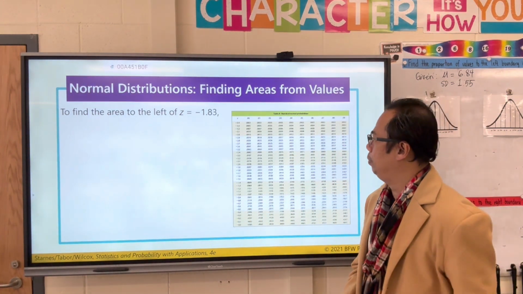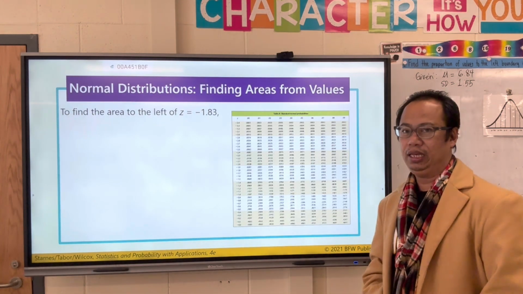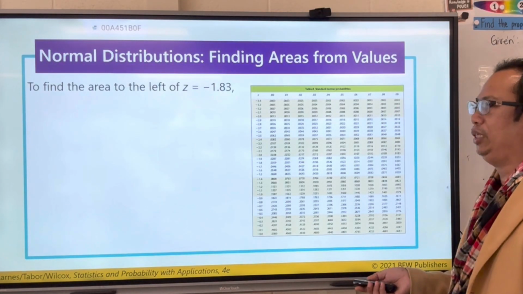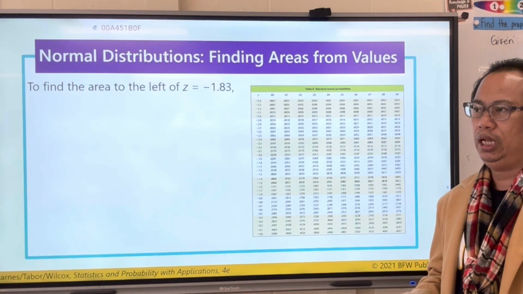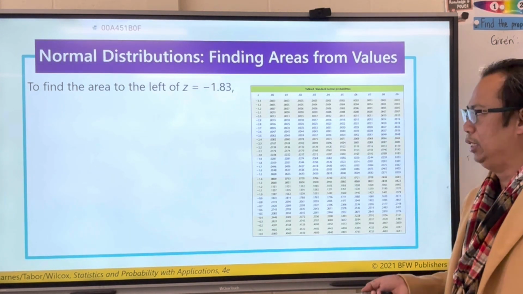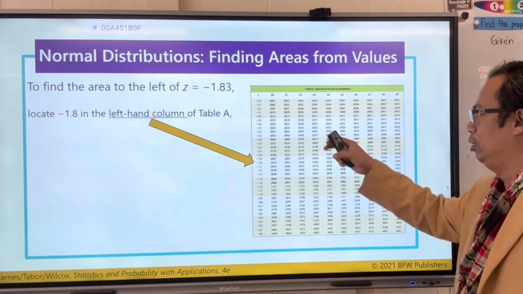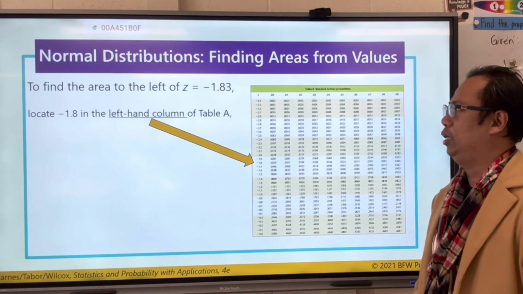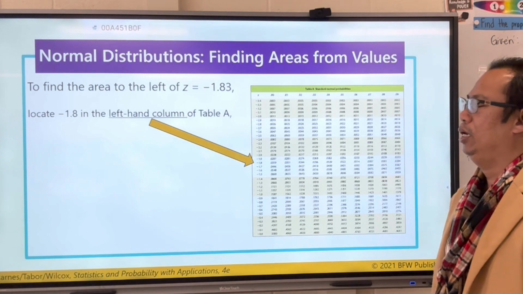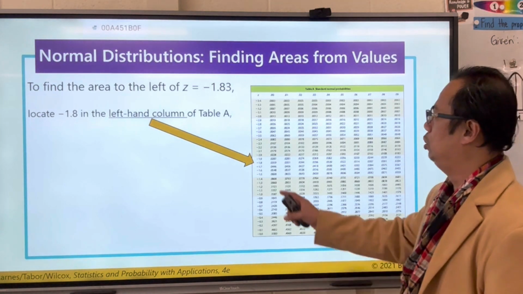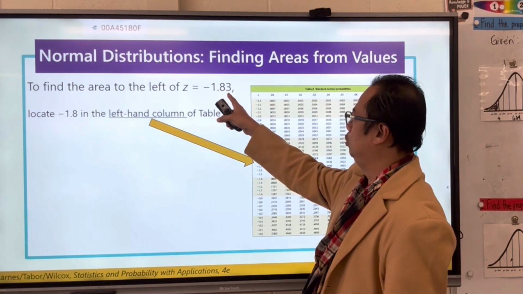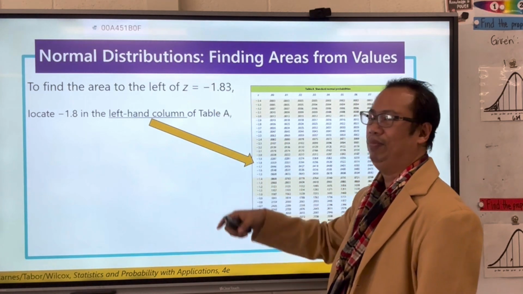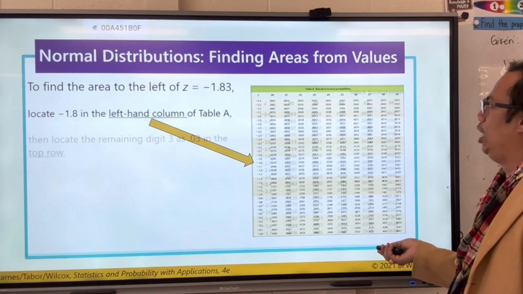So the next step, we go into the -1.83. What we do is we get the first two digits, -1.8. The -1.8 is on the first column. The next one, the 0.03, because we got 1, 2, 3, the third digit.